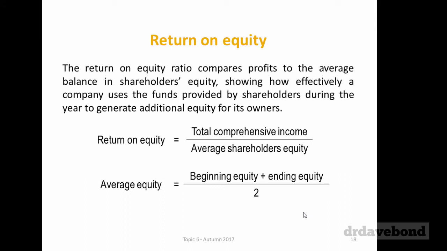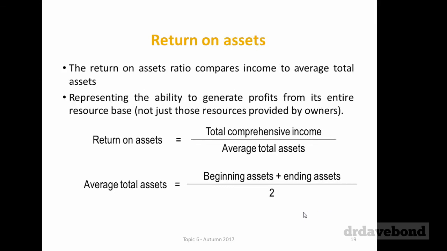Now, I'm not going to use Woolworths for this one. I'm actually going to jump to return on assets first, and in future lessons I'll flip that, because what I want to do here is bring together a few different ideas. So, return on assets.